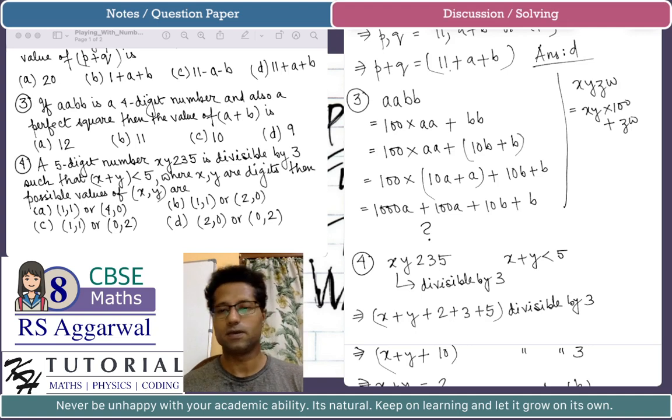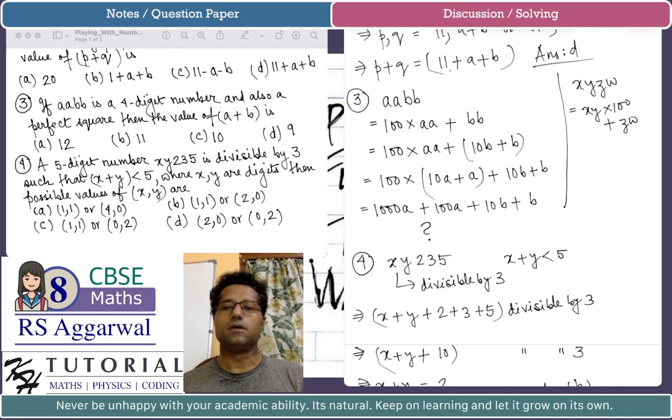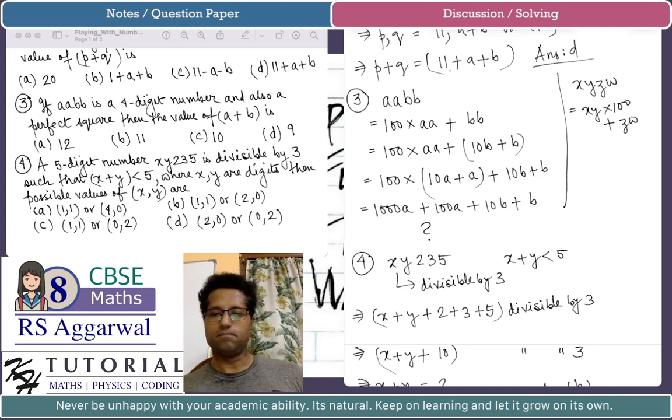AABB is 1000A plus 100A plus 10B plus B. Now this expression is not really helping us to know what the values of A and B can be such that this whole expression is a perfect square.